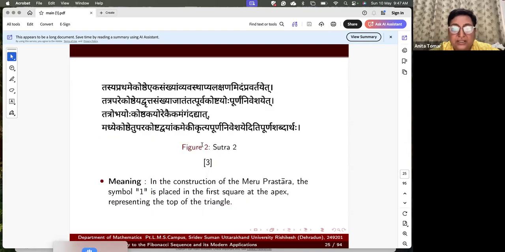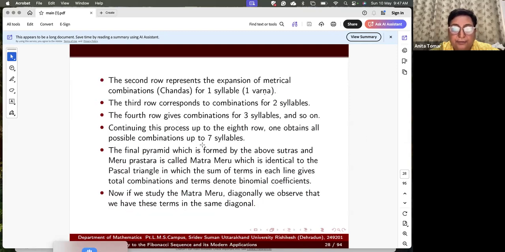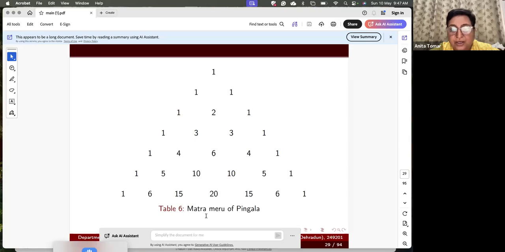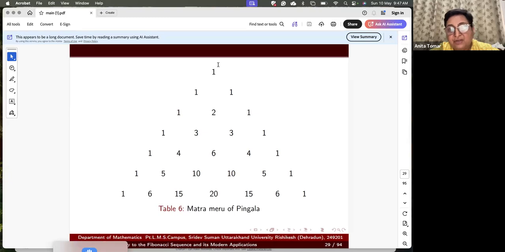I will explain this with the help of a triangle, the Matra Prastha. First of all, we construct squares, initially one square. Below one square, we construct two equal squares. Then in between, we construct 3 squares, then 4, then 5, then 6, and so on.